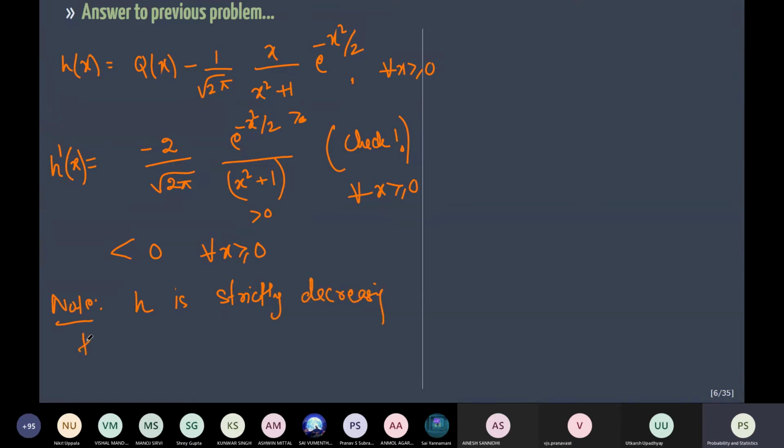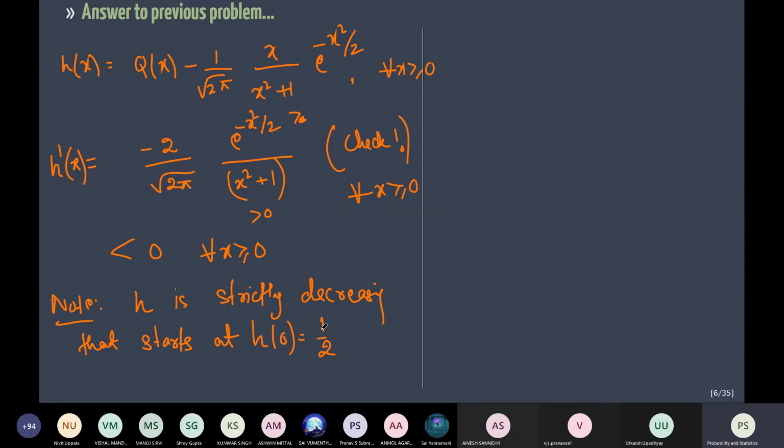h is strictly decreasing. That starts at h0 is half. Okay, so it's important that it starts from the positive value, right?